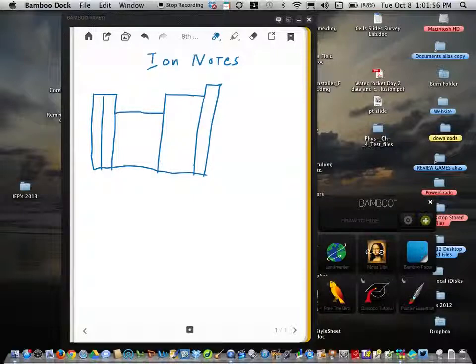So, for instance, let me get my periodic table here. If we wanted to draw the Lewis dot structure for nitrogen, it might help you to have your periodic tables out as well.